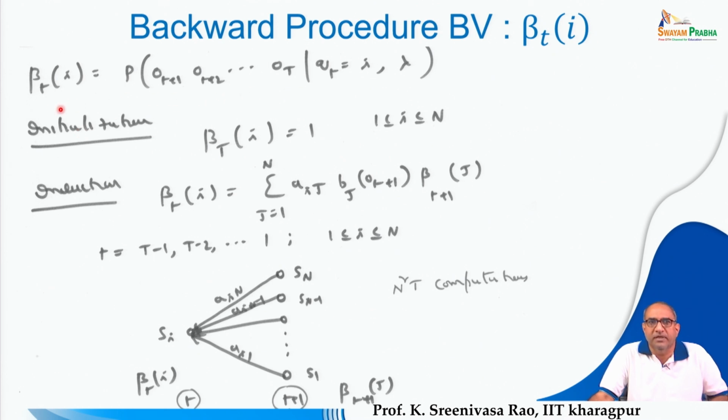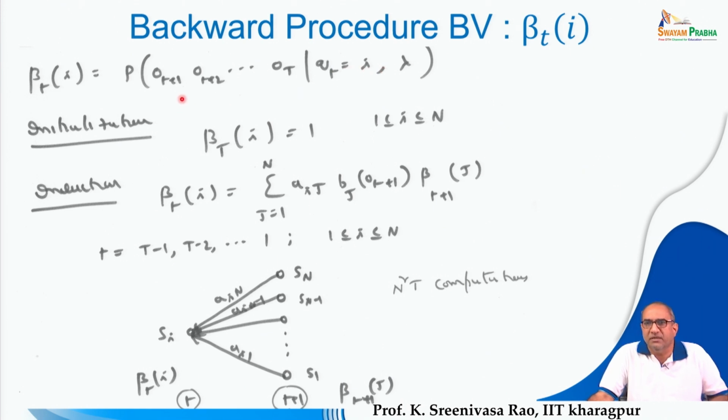Beta t of i is the probability of the observation sequence from t plus 1, t plus 2 up to capital T, given that at time t the system is in state i. Whereas alpha t of i is the probability of O1, O2, O3 up to Ot, with the system at qt equals i.